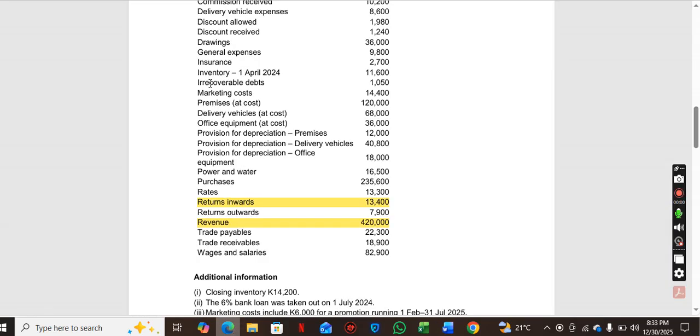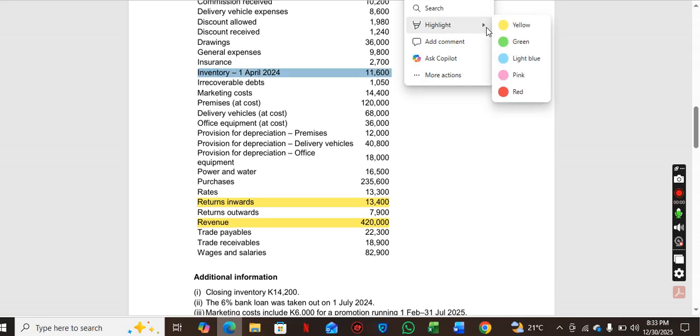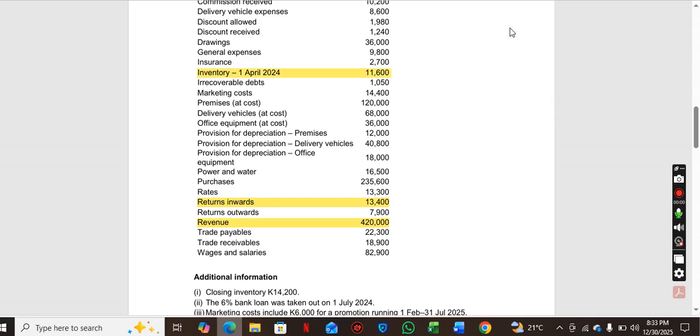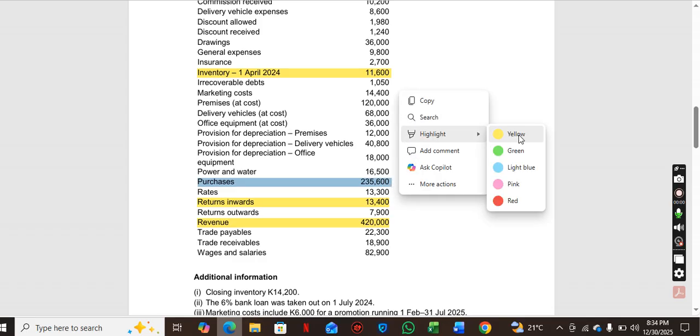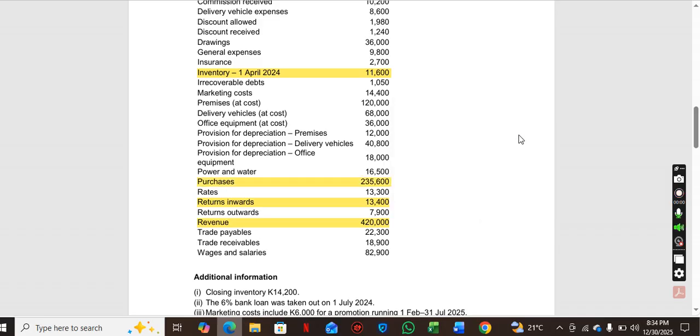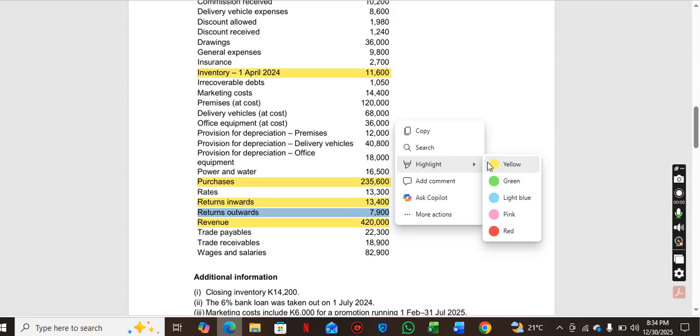Yes, opening inventory 1st April. I forgot to mention here. Initial purchases expense. Here. Oh, so everything is given in the data. Yes. Now it's just a matter of us applying it.